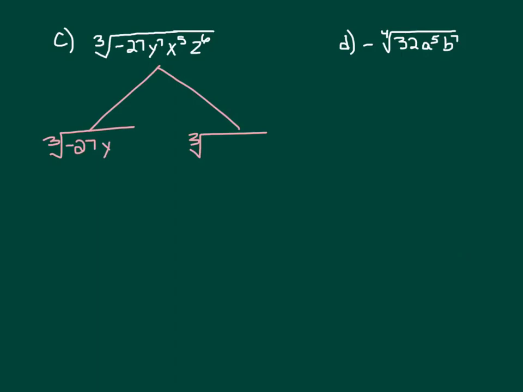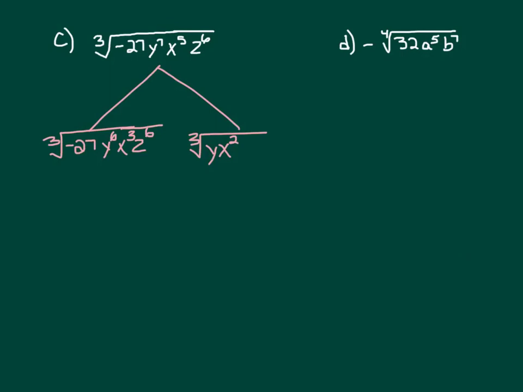You're basically doing any multiples of 3. So the highest multiple of 3 is 6, and then 1's left over. And then for the x to the 5th, the highest multiple of 3 is 3, and there's 2 left over. And then z to the 6th, there's no z's left over.